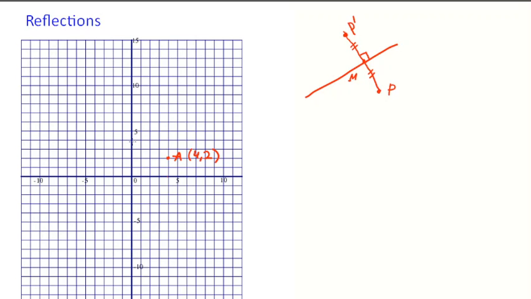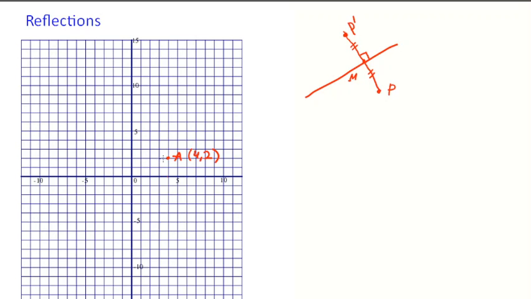So I could, for instance, reflect this point and use my mirror line, for example, my y-axis. So this would be a vertical line here as the mirror. So the distance, first of all, if this is a vertical line, my mirror line would be horizontal.